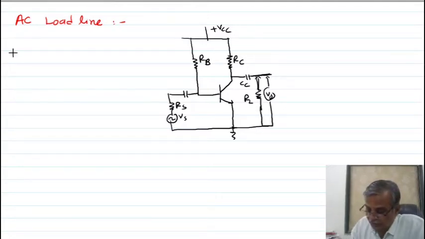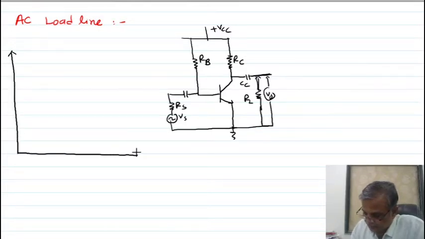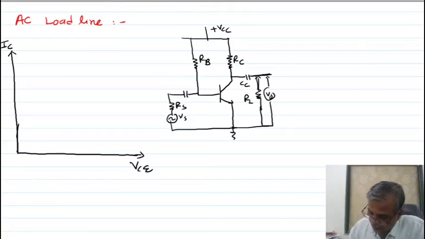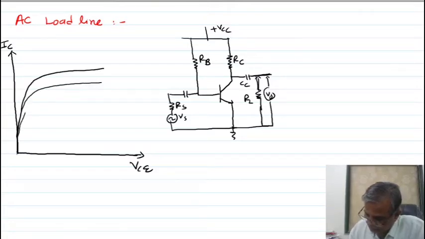I want to plot here the DC load line and AC load line on these output characteristics of the transistor.